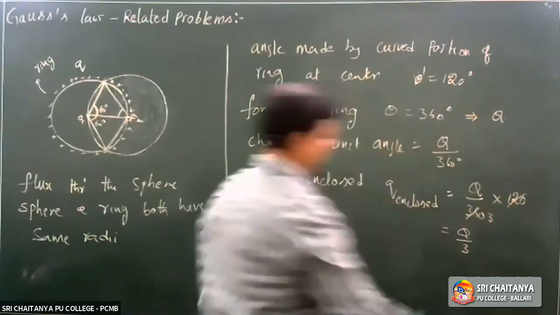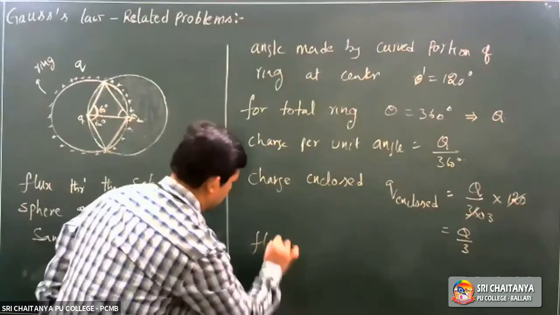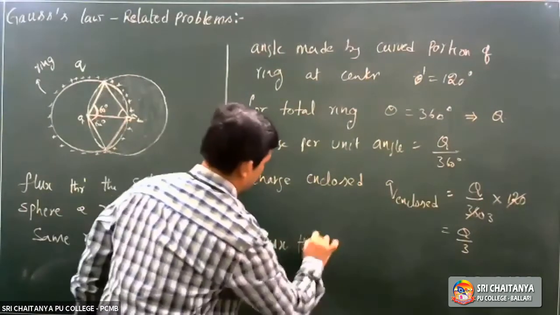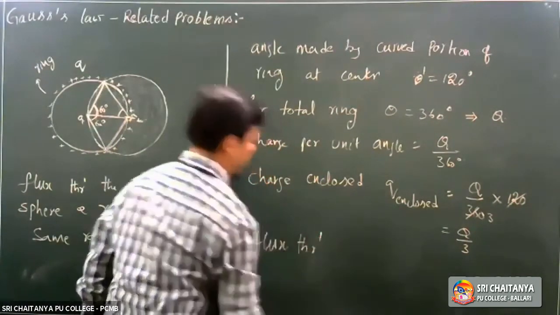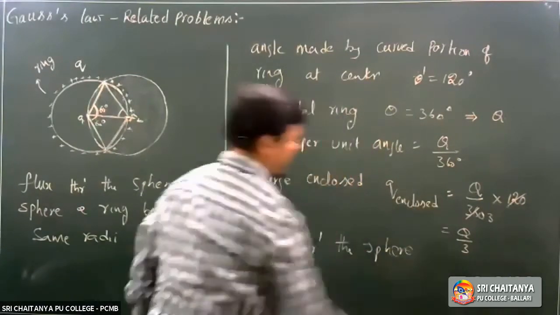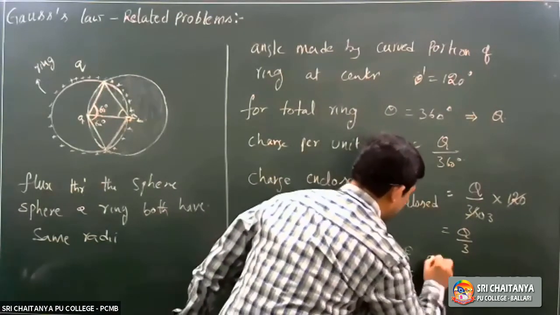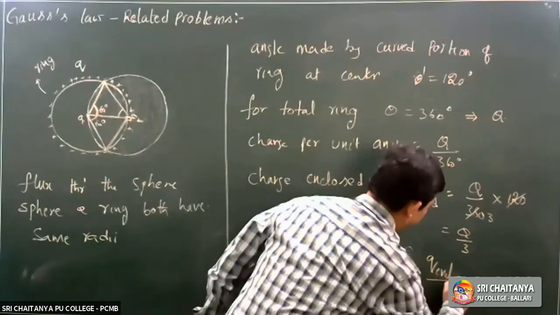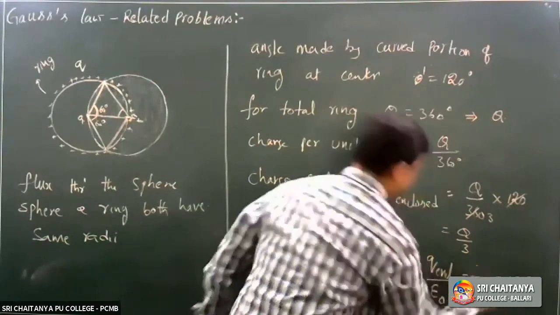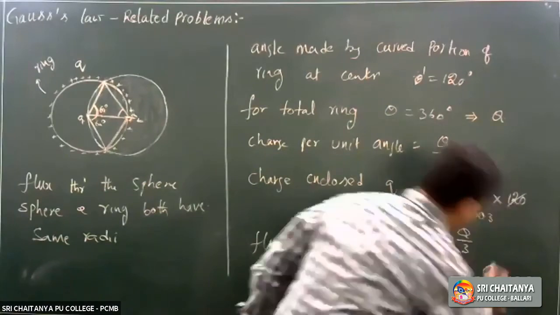Q by 3, the charge enclosed. Then what is the flux through this sphere? Phi is charge enclosed by epsilon naught. That is Q by 3 epsilon naught.